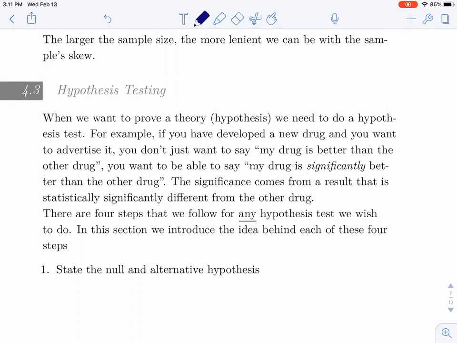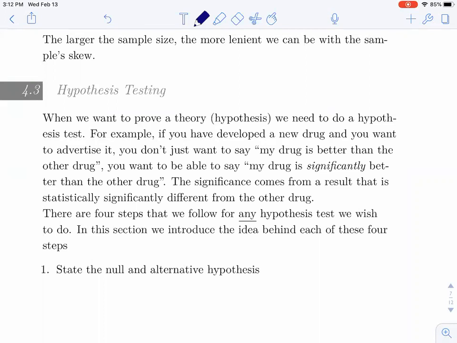In my little example here, I've developed, let's say, a painkiller, and I want to be able to say that my painkiller acts significantly faster than any other painkiller. What I have to do is collect a sample of how fast my painkiller acts, compare it to how fast other painkillers act, and then I can use hypothesis testing to prove that mine acts significantly faster than the other painkillers.